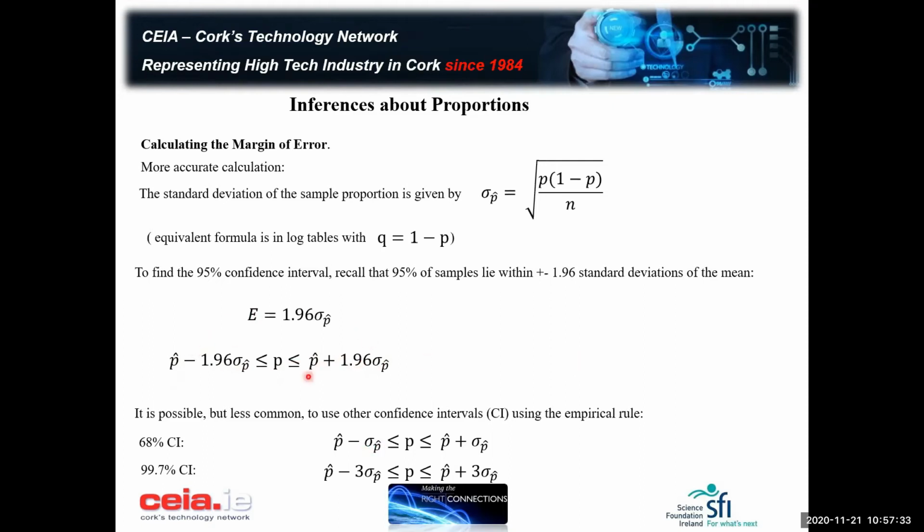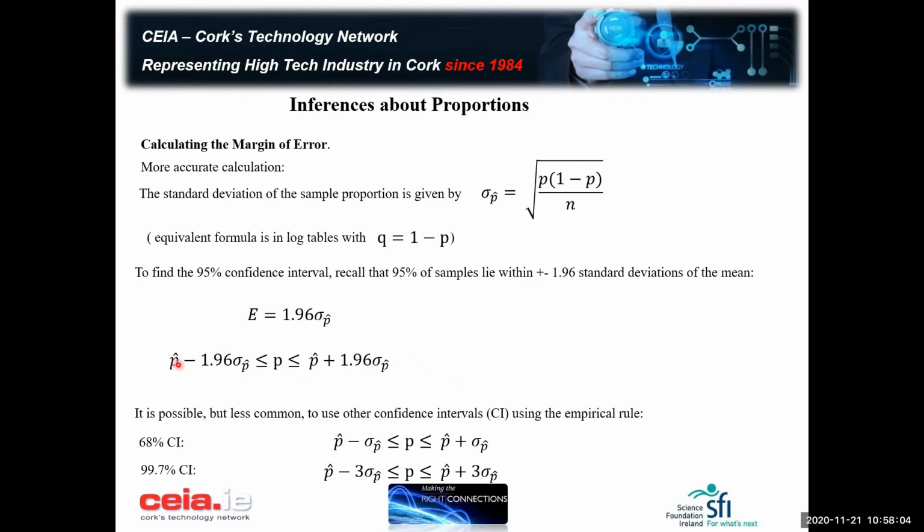That's for 95%. Now, if you plug in p equals 0.5 here, and if you replace 1.96 by 2, you get back to 1 over root n here. So the 1 over root n is a special case, but it's an approximation. This is the accurate formula for the sigma, and then using the sigma in the confidence interval.